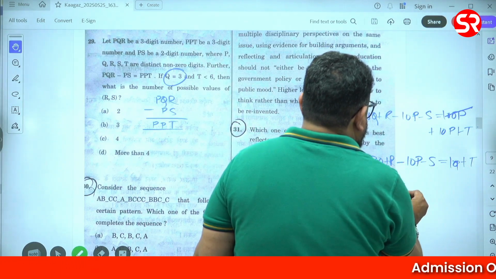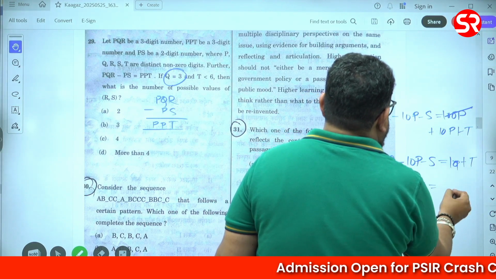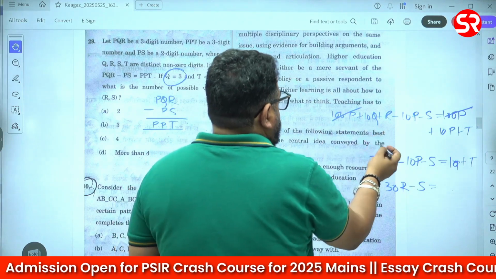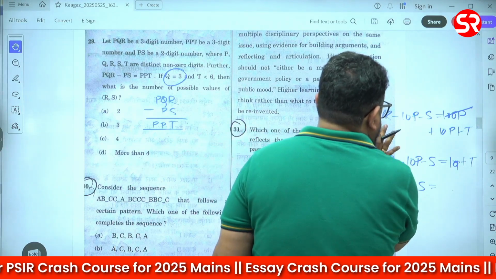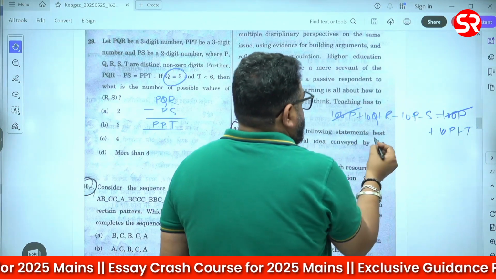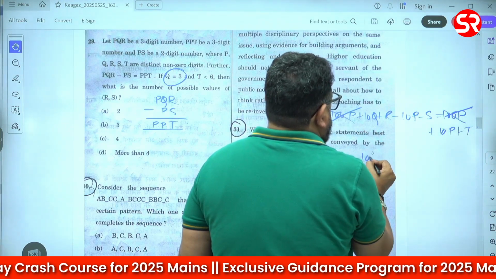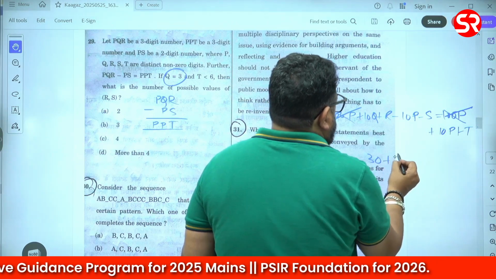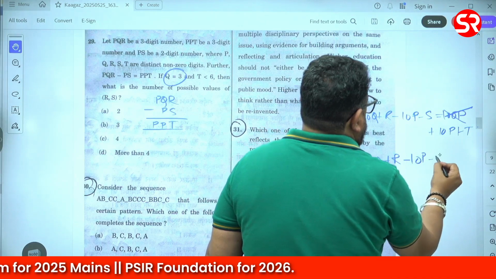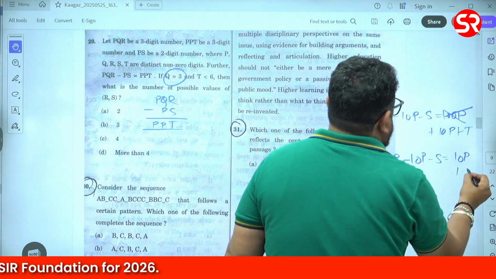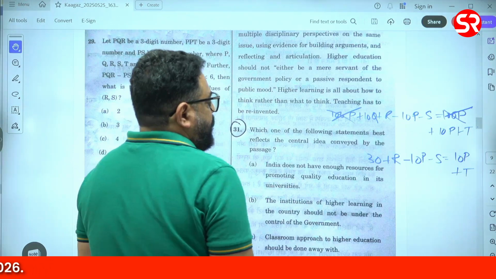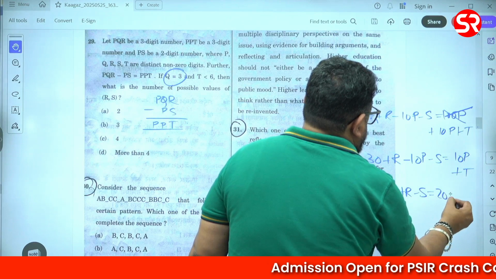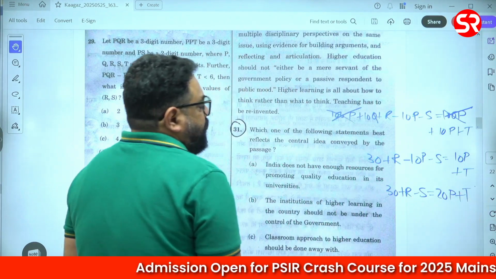So 30 plus R minus S. Wait a minute. So this of 10Q. Q तो अपने को पुट कर दिया, तो 30 plus R minus 10P minus S is equal to 10P plus T, right? 30 plus R minus S, does it give you anything?